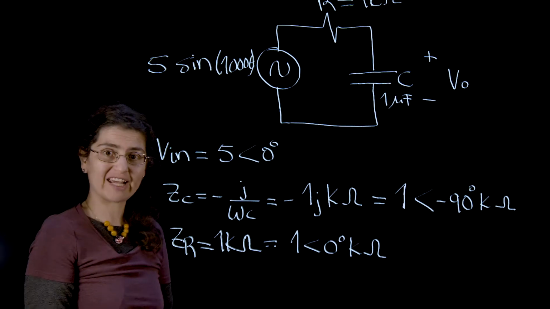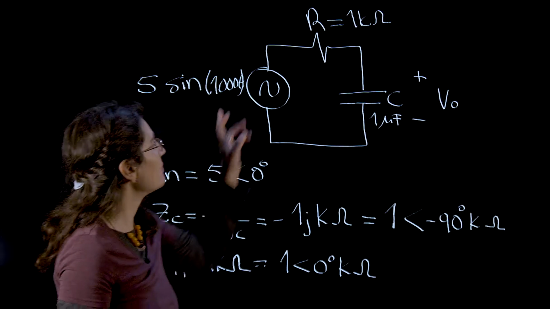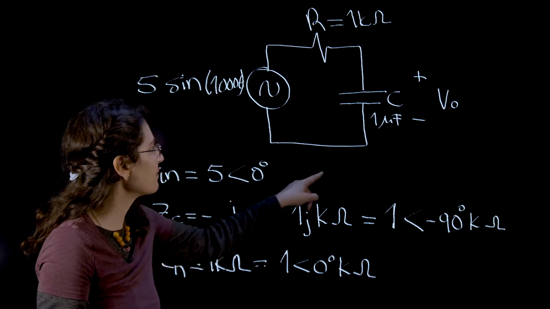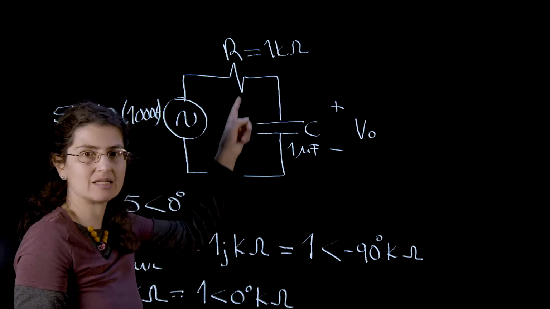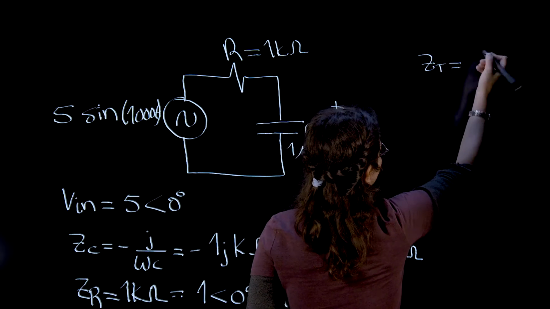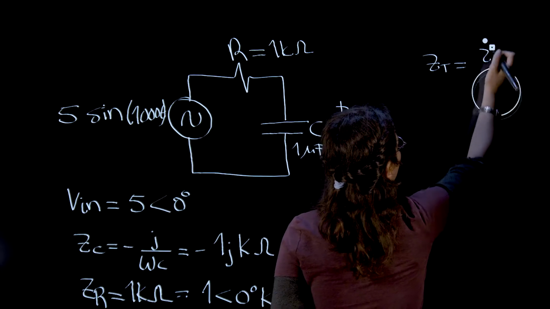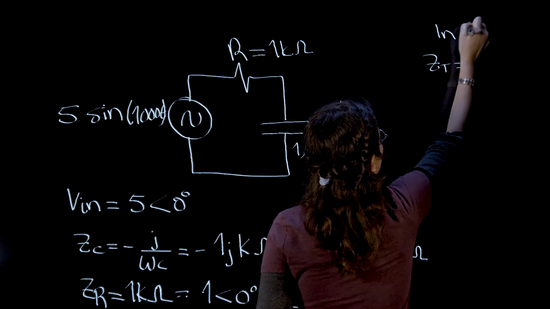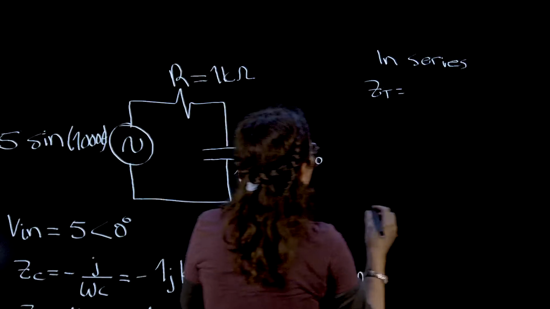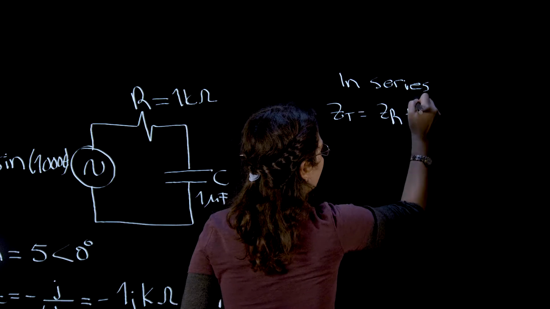The nice thing about working with impedances and phasors is the following. Impedances and resistances behave in the same way. So when I have two impedances connected in series, like in this case, the total impedance of the circuit is the sum of the impedances.